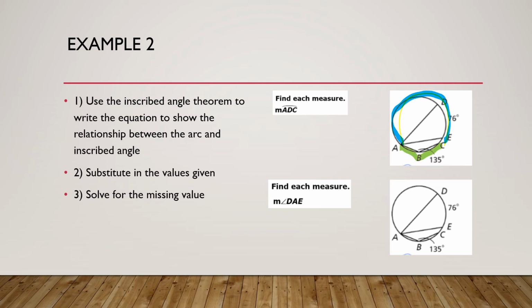Now we can write our inscribed angle theorem. The measure of the inscribed angle, the measure of angle ABC, would be equal to half of the measure of the arc, which is ADC.